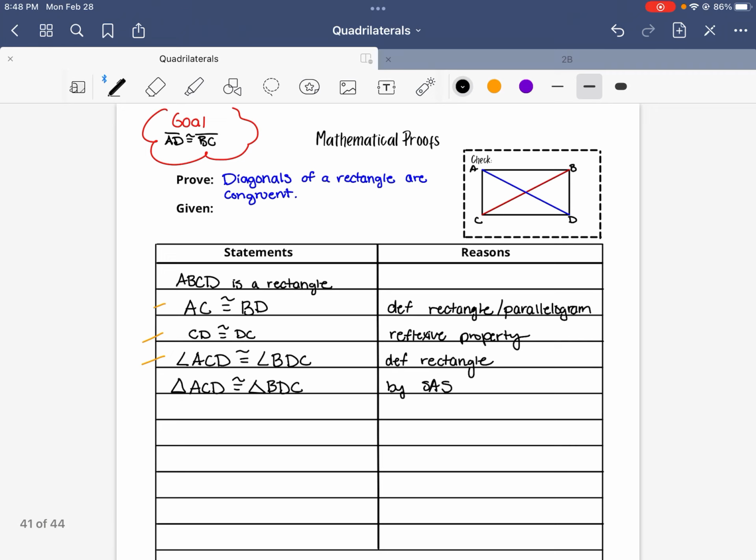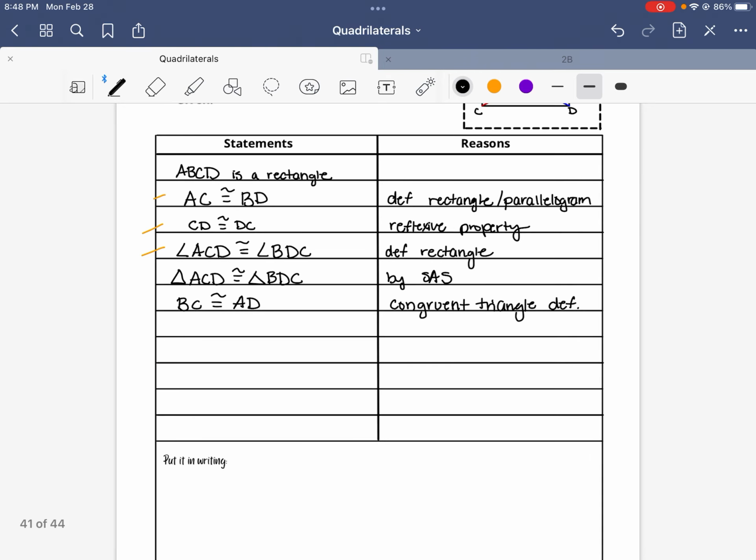So then it follows that BC is congruent to AD. And this is just, you could say, the congruent triangle definition. Because if triangles are congruent, then that means that all the sides are the same.